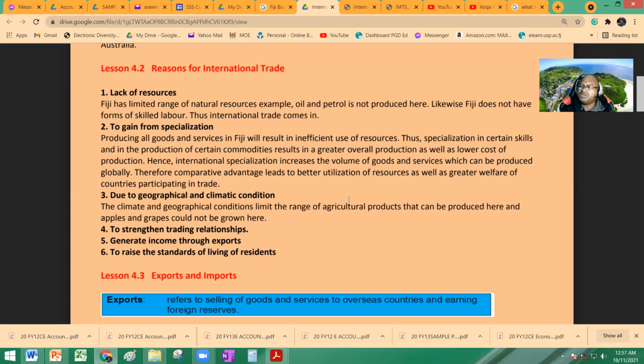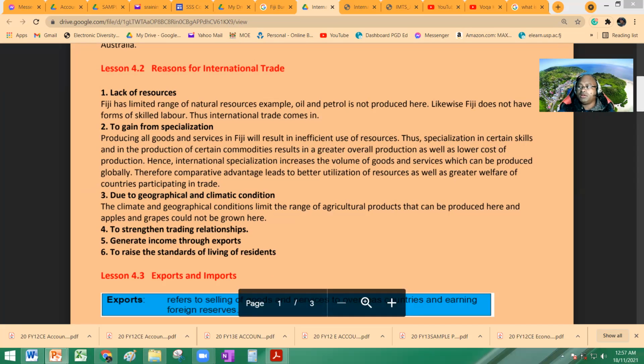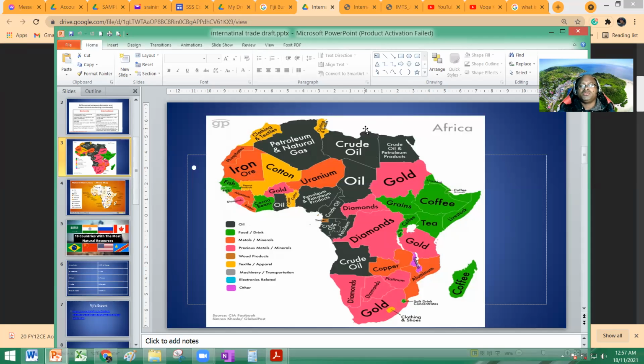We have certain resources. Now, if you look at one of these maps in regard to Africa, you'll see different countries with different resource bases. Some countries have more gold, some have more oil, petroleum, uranium, cotton, diamond, tea, coffee.